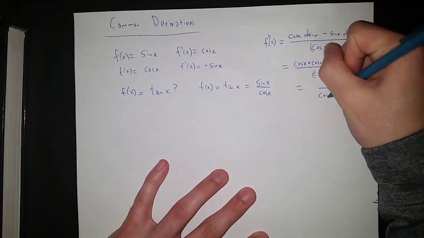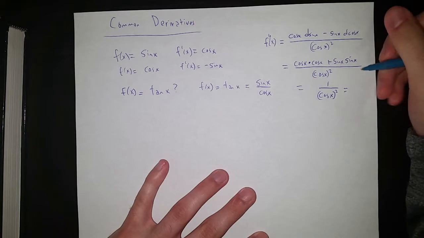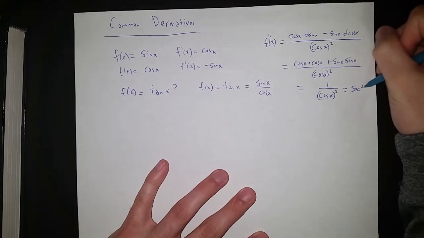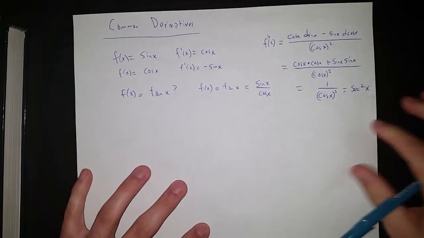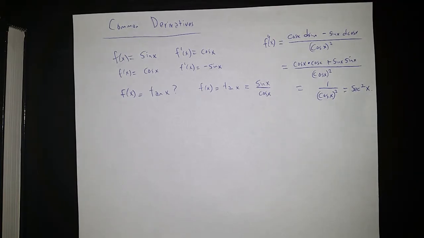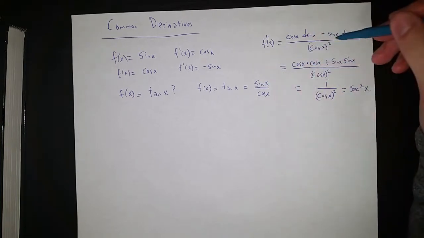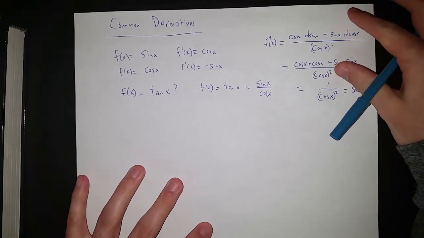So this is 1 over cosine squared, which is secant squared. Okay. And if we want to figure out the derivatives of cosecant, secant, and cotangent, we can do this. It's very, very simple, very quick.